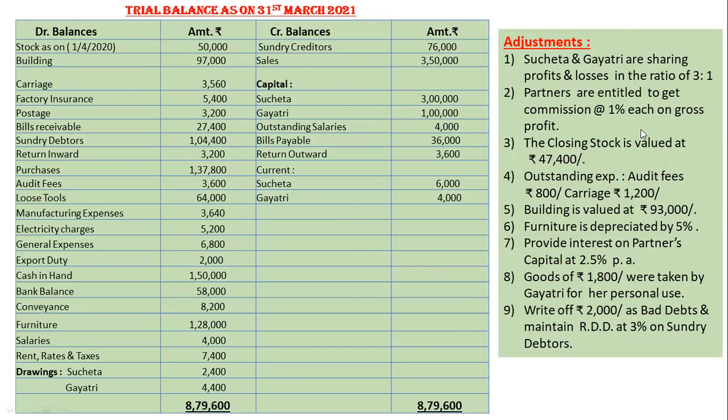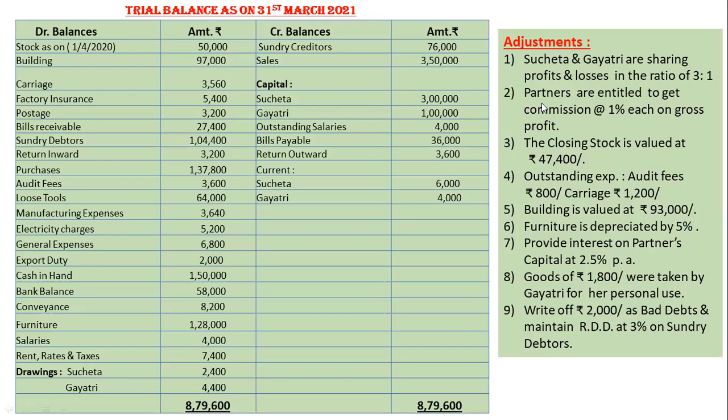Adjustments have two effects. While stating these adjustments, also give them a particular adjustment number in the trial balance. First adjustment: Sucheta and Gayatri are sharing profits and losses in the ratio of 3:1.